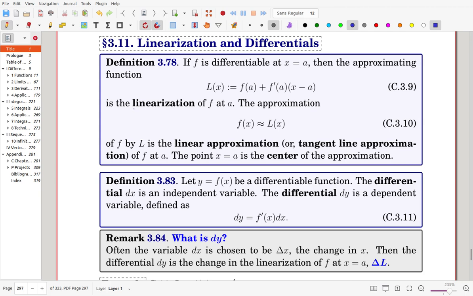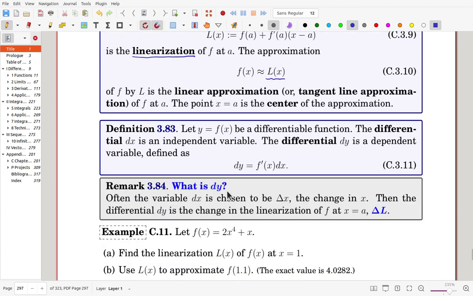In definition, we say that is a linearization. And once the function value is approximated by using L(x), that is called a linear approximation or tangent line approximation, because the equation is basically a tangent line at (a, f(a)).